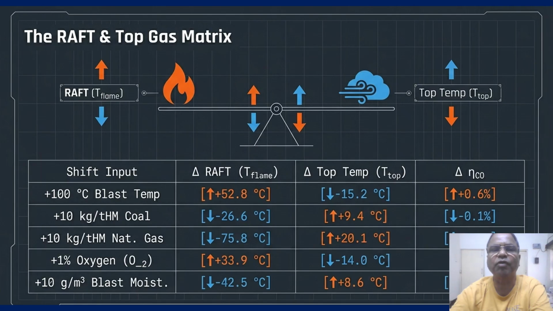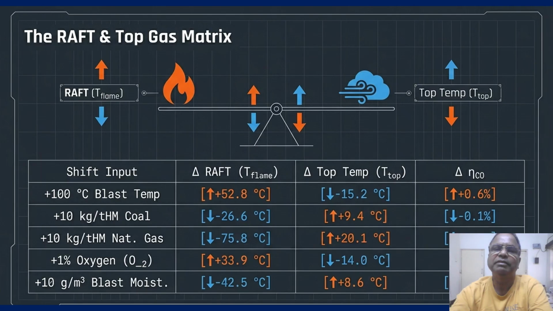This matrix provides the linear yardstick for process control. Look at the top row: adding 100 degrees to the blast temperature spikes your flame, or RAFT, which you can say is the raceway flame adiabatic temperature, by 52.8 degrees, while cooling the top gas. The so what and the factor here is a 0.6% gain in gas utilization, or ETA CO.